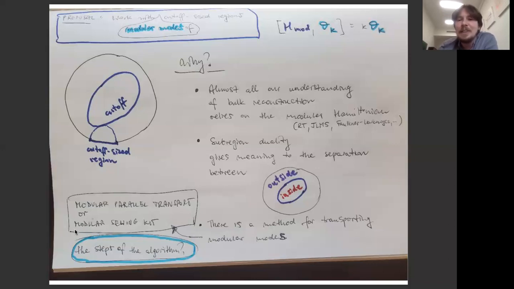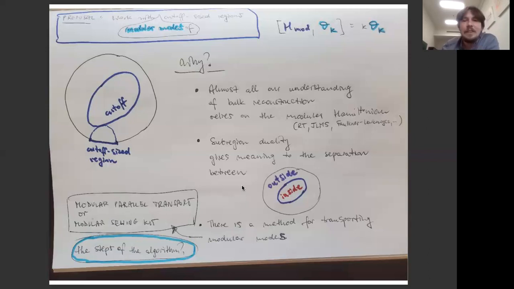So this is an explanation of the title of this talk: how to use the modular sewing kit to sew together a spacetime, and how complex would that be? The fact that we have this modular parallel transport, which allows us to move modular modes, suggests that maybe we can use it as the steps of the algorithm.